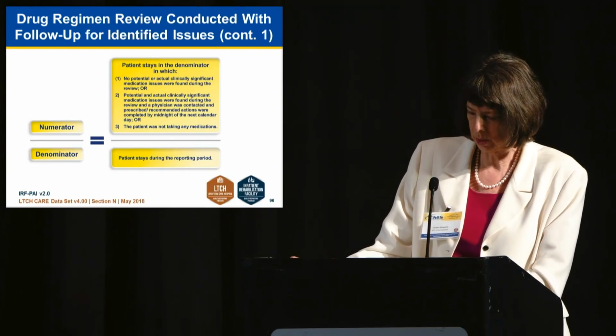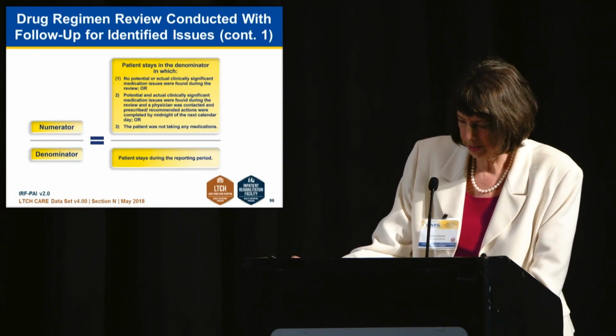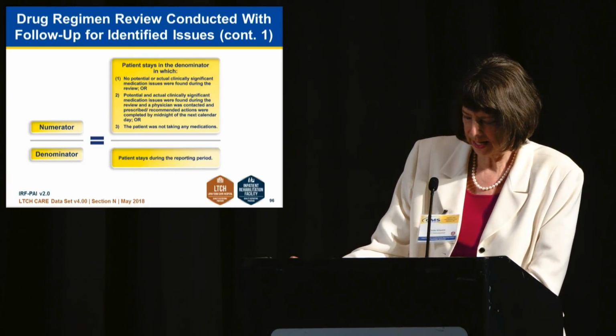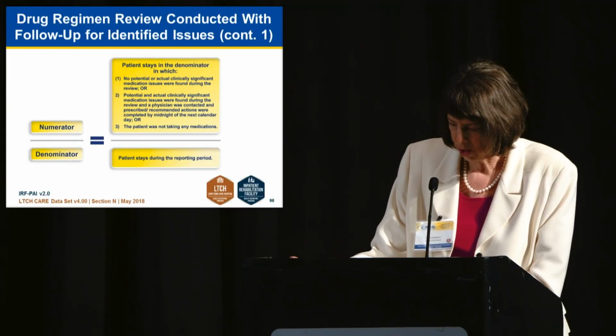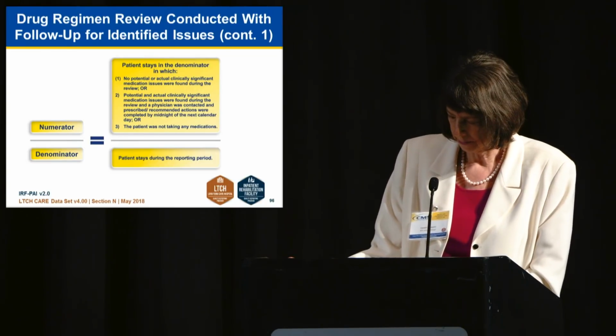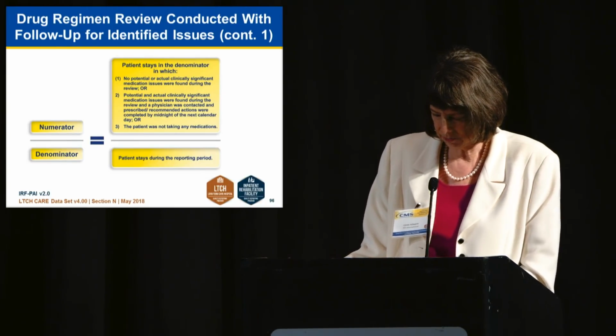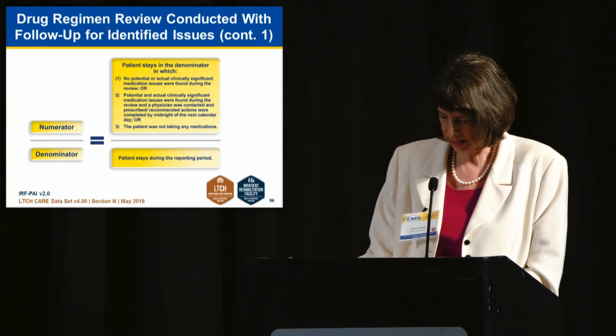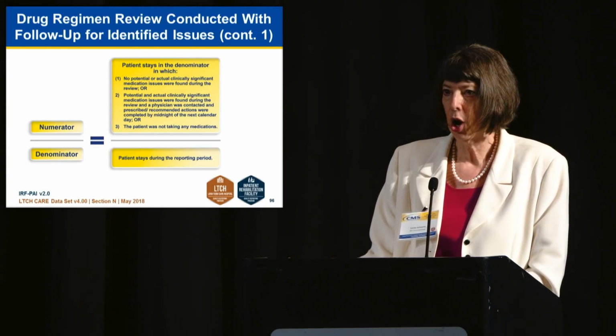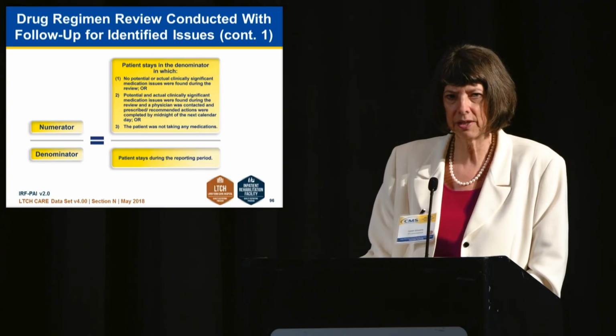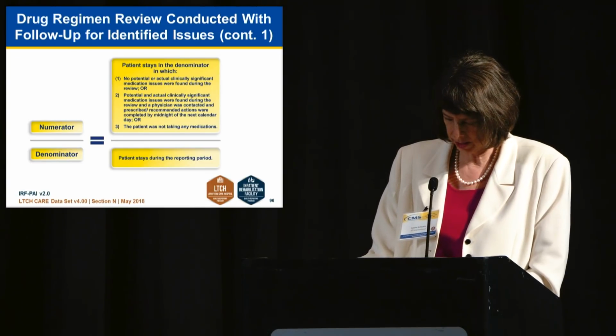So let's work our way from the bottom up. The denominator represents the number of patient stays during the LTAC or IRF reporting period, but only those patient stays for the patients who qualify to be assessed by the LTAC CARE Data Set or IRF-PAI. You folks have distinctions in terms of that criteria.